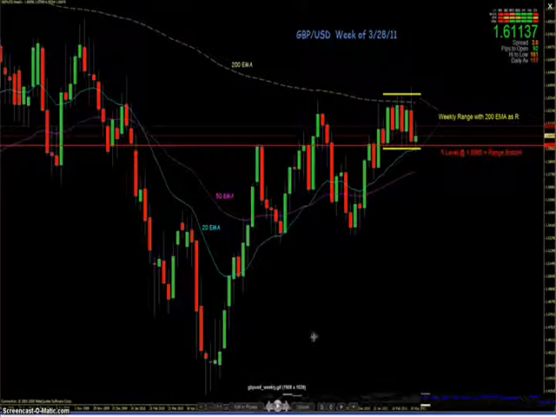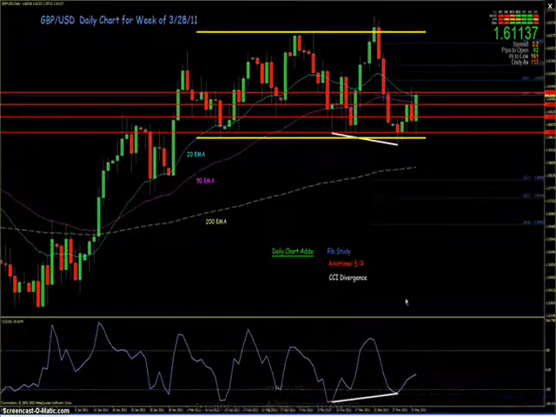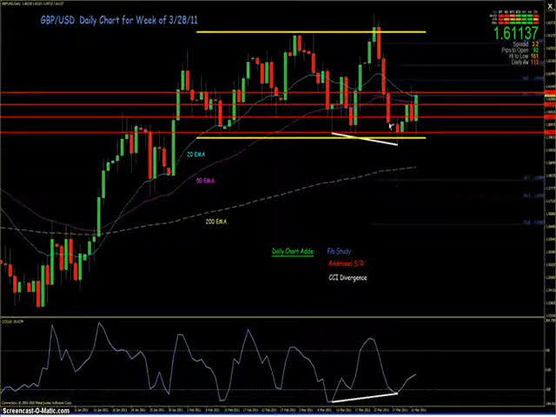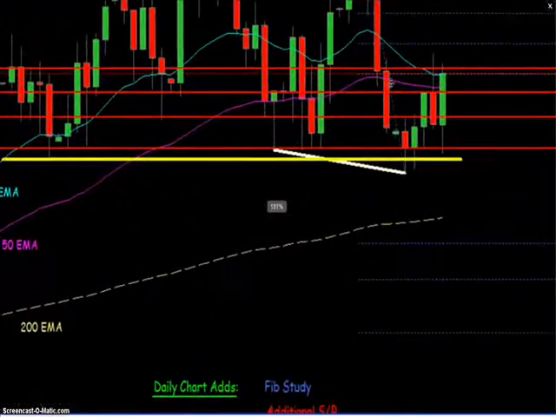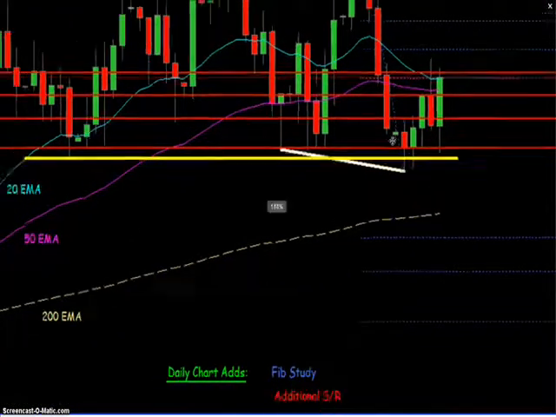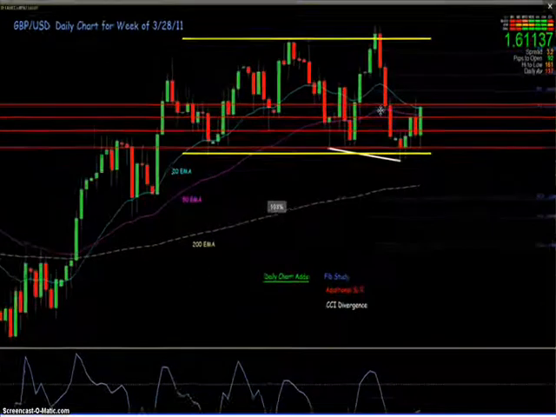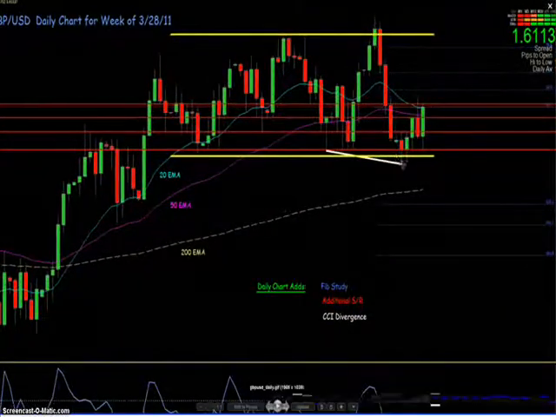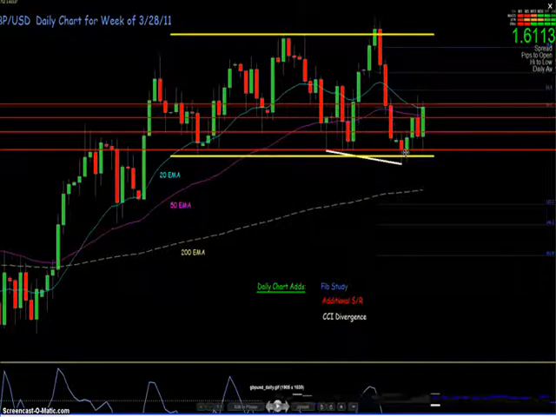So taking this to the next level, when we go down to the daily chart, you'll see that we've added a few things. We've added these support and resistance areas, these red lines from a daily perspective. We've also added a fib study from this swing high to this swing low.